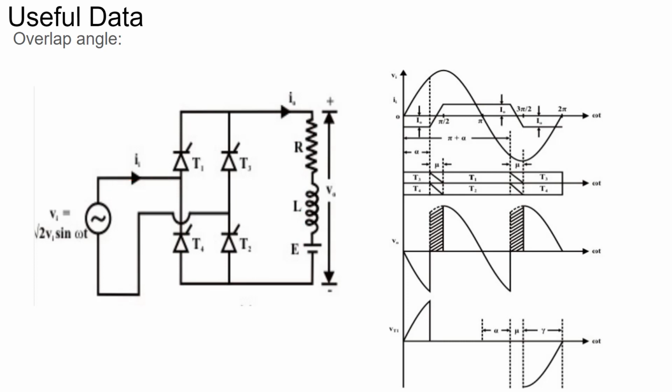Here, load voltage is the inversion of the source voltage in the second half cycle, and load current flows in the same direction only. So, using this information, let us solve the problem.